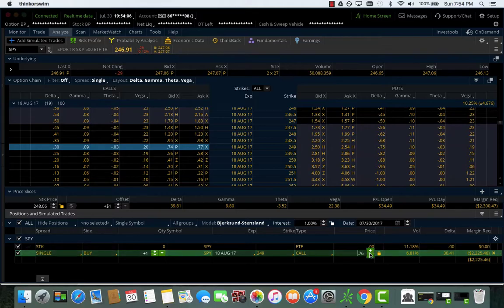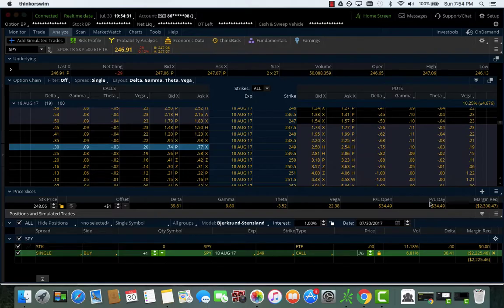We're going to buy the 249 call for 76 cents. If SPY goes up $1, we make about $34.